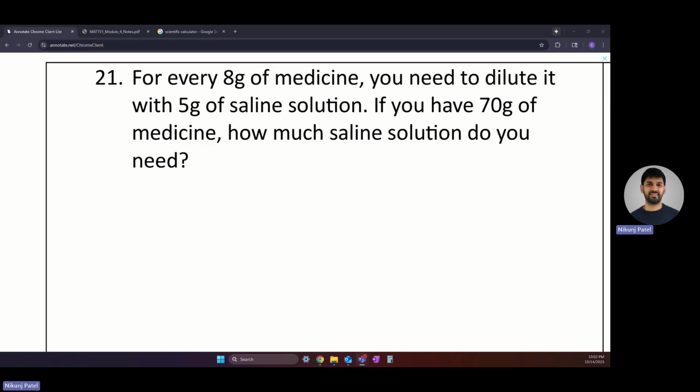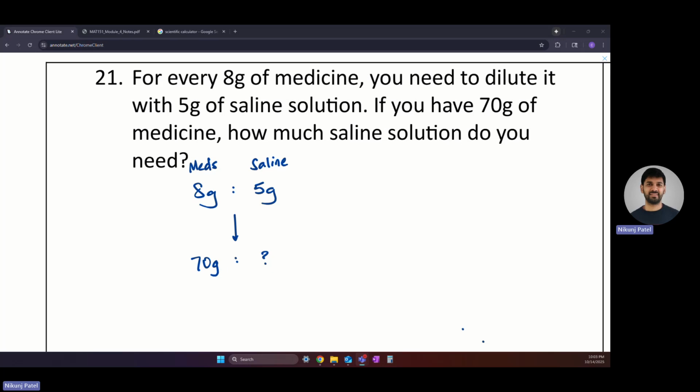To visually see this, we could write the 8 grams right next to the 5 grams as a proportion, 8 grams to 5 grams, right? And we can label the first one the meds, and the second one is the saline. And then what we're being asked is if we have 70 grams of the medicine, how much saline would we need?